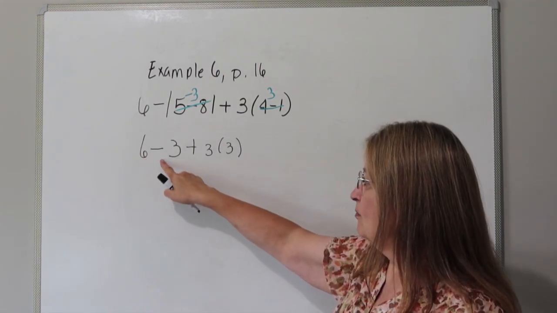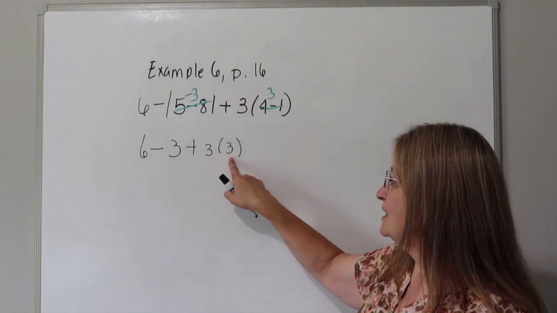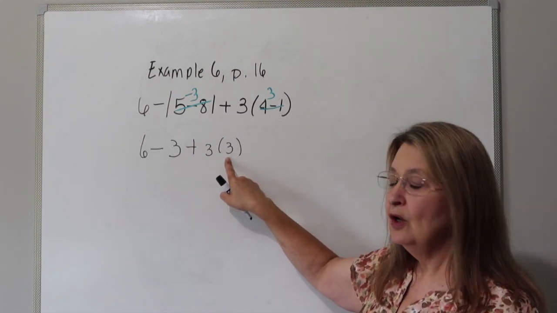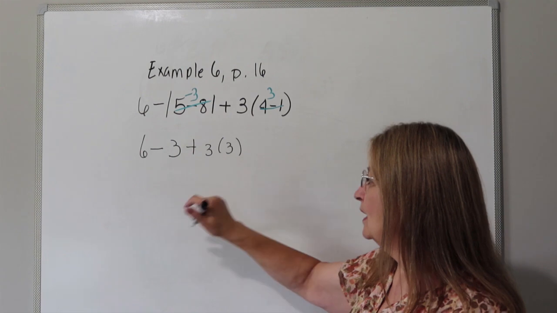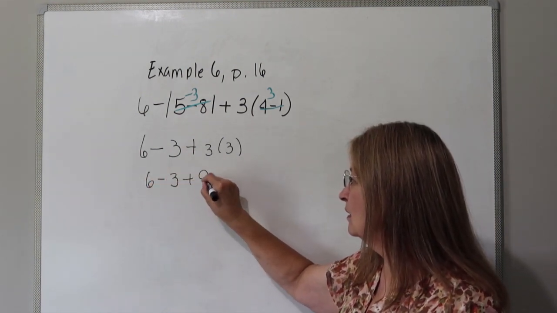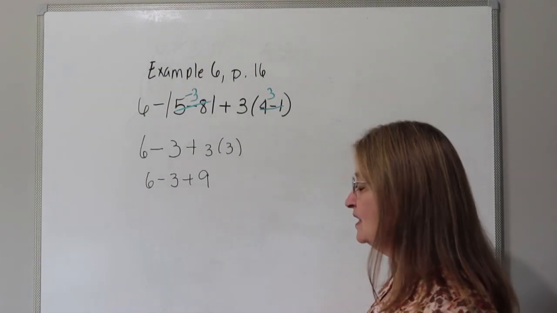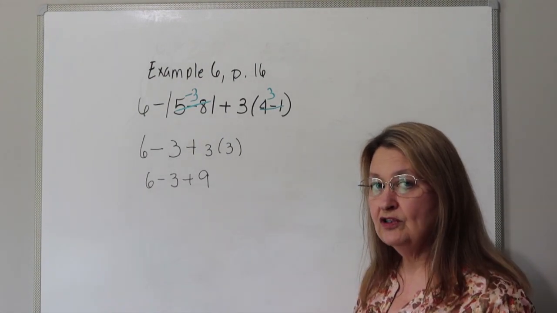I'm going to skip right on through here because all this is addition, subtraction. Now when I get to here, I have multiplication. What's 3 times 3? 9. So my problem at this point looks like this. And we're ready for the last step. Now like I said, you do addition or subtraction.